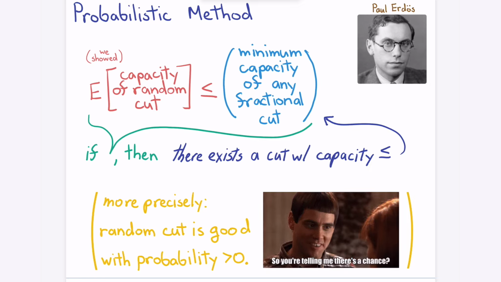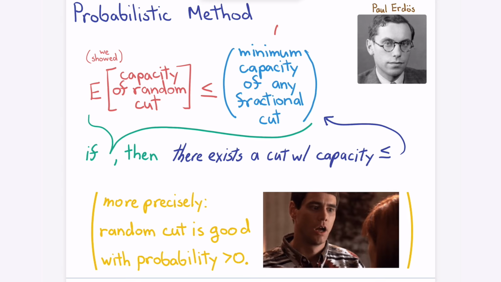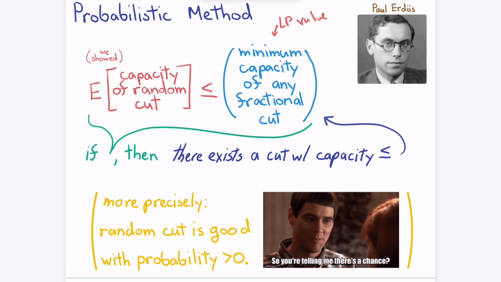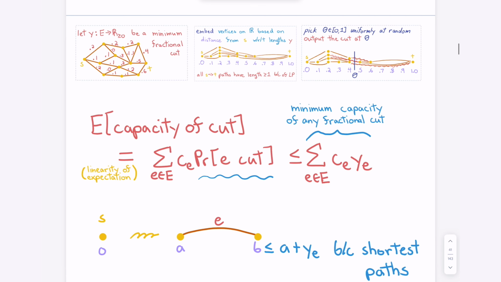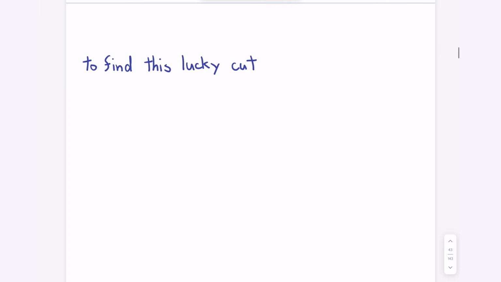Well, okay. No, because this represents the LP. This is the LP value, right? And we just were able to show that the average is at most that, so that it represents this minimum capacity of any fractional cut. So that's okay. Okay. All right.